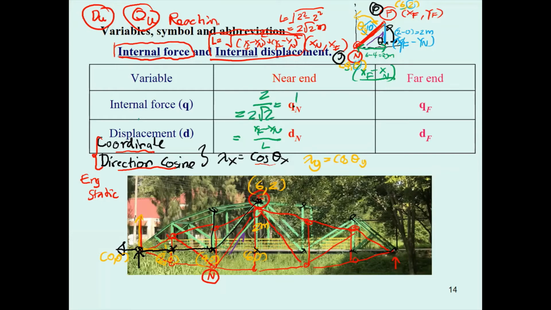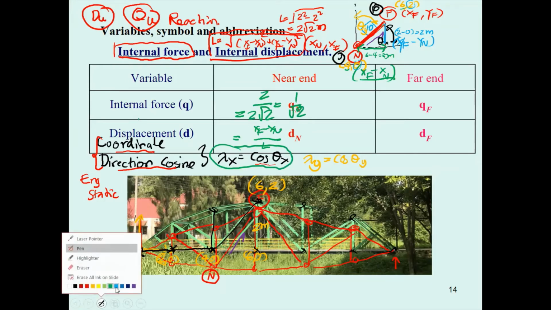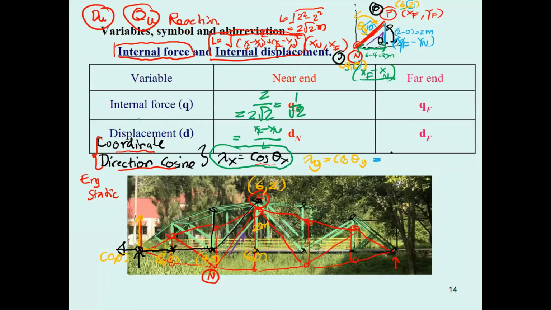So this is going to be 1 over square root 2 as the coordinate direction cosine lambda sub x. For lambda sub y, this is going to be y sub f minus y sub n, divided by L, or following this, 2 divided by 2 square root 2. So this is going to be 1 over square root 2 for lambda sub y.